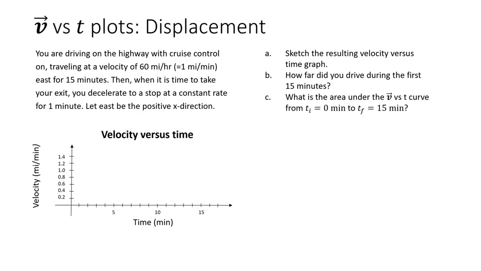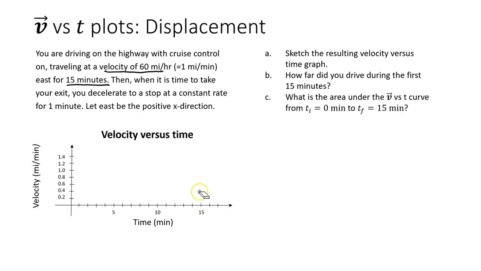So we have to pick out some key pieces of information. So first of all, for the first 15 minutes, we're traveling at a constant velocity, right, of 60 miles per hour. And so that tells me for the first 15 minutes, so up until t equals 15 here, right?